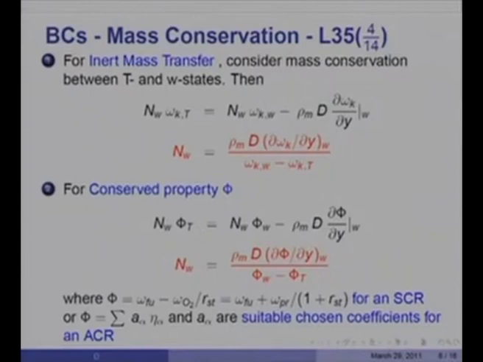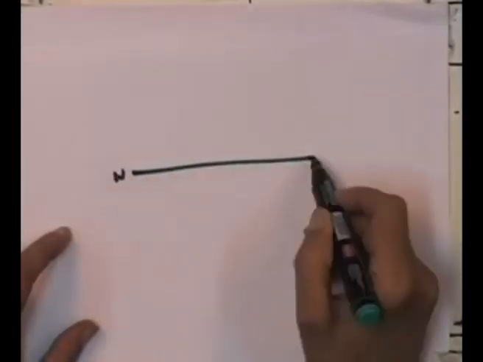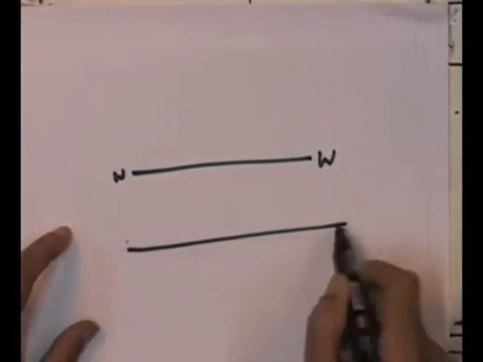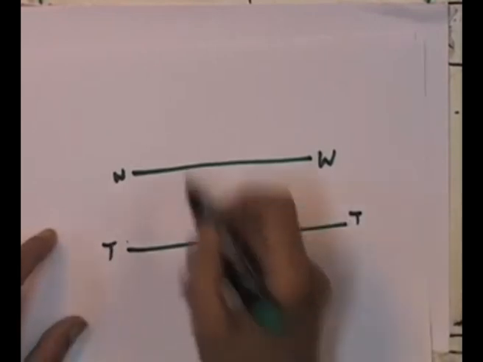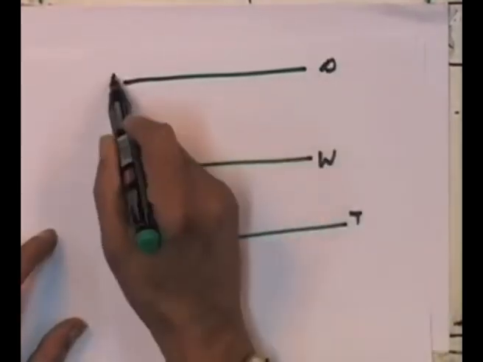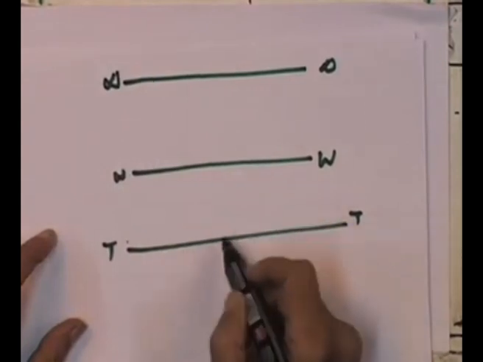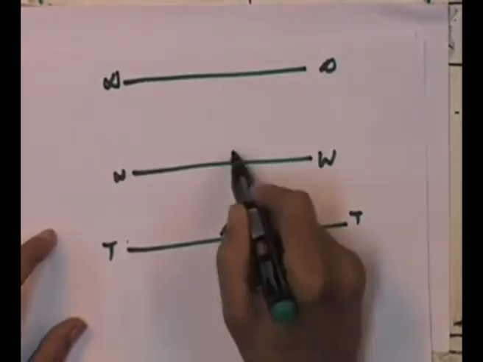As you will recall, this is our W state, this is T state, and this is the infinity state, and we specify N_W here.